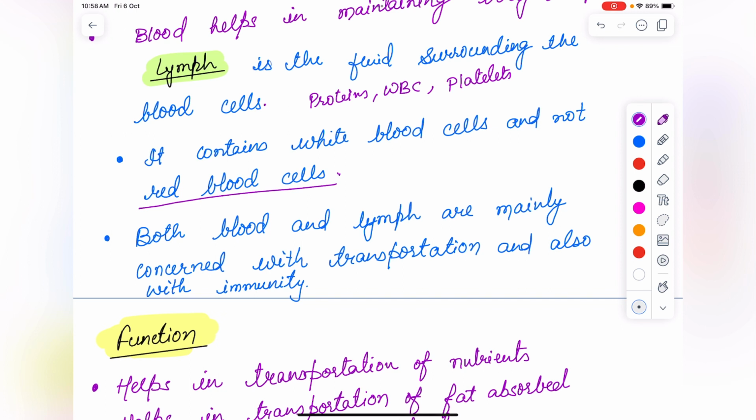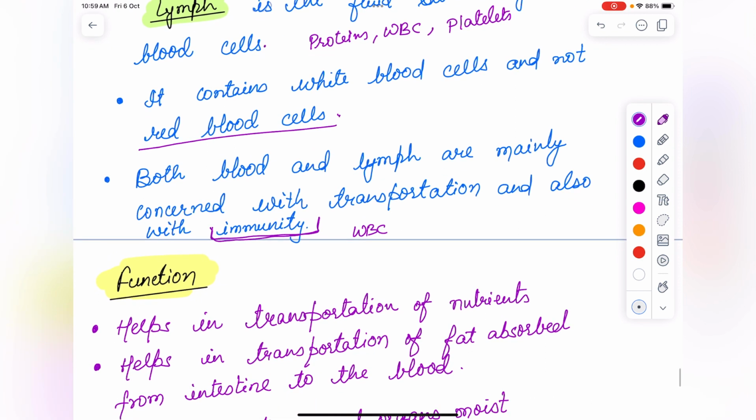See, दोनों का काम क्या है? ट्रांसपोर्टेशन करना. न्यूट्रिएंट्स हैं, ऑक्सीजन है, हॉर्मोन्स हैं, एंटीबॉडीज़ हैं, इन सब चीज़ों को ट्रांसपोर्ट करने का काम कौन करता है? ये ब्लड और लिम्फ. It is also concerned with the transportation and also with immunity का काम भी करता है, because in this WBC is present, and WBC helps in the formation of immunity, provides immunity.